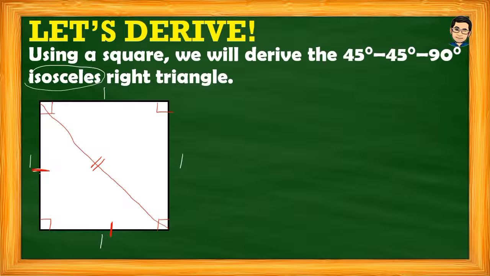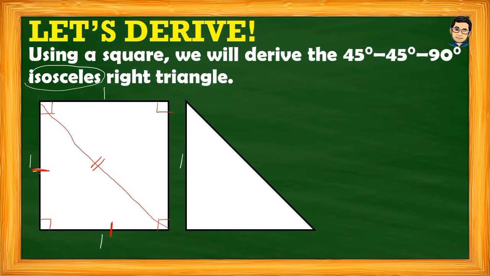Ngayon, paano natin makukuha yung sukat ng hypotenuse? Okay, again, ganun pa rin naman. Gagamit tayo ng Pythagorean theorem. So, kunin muna natin yung isang isosceles right triangle. So, dito, label natin as ABC. So, this is A. This is B, which measures 1.